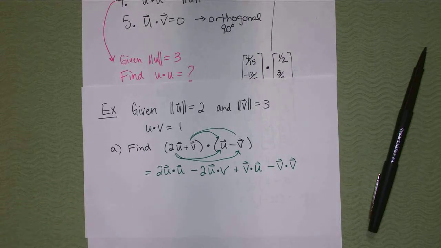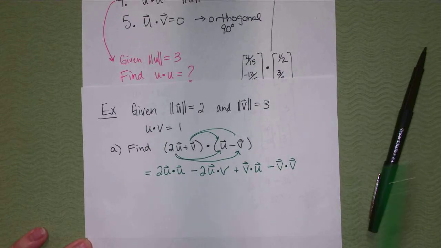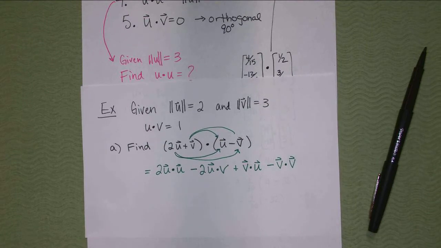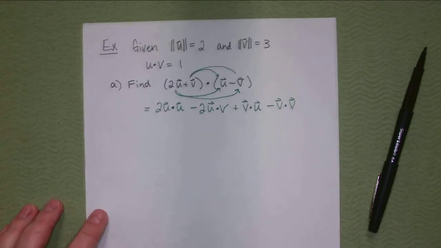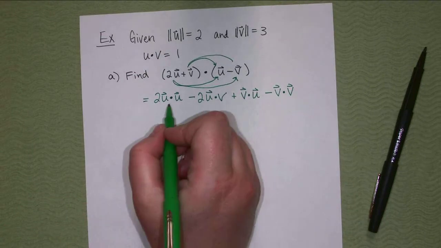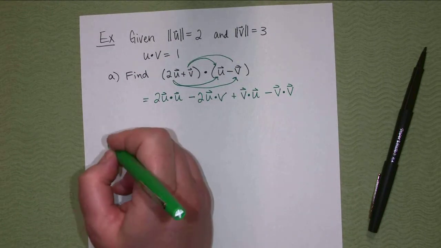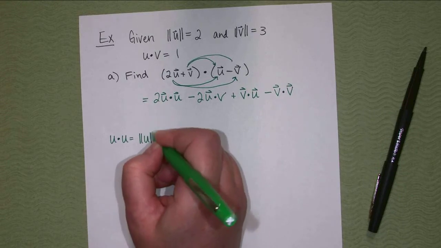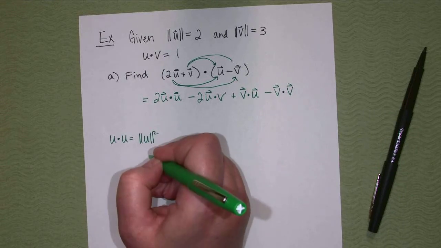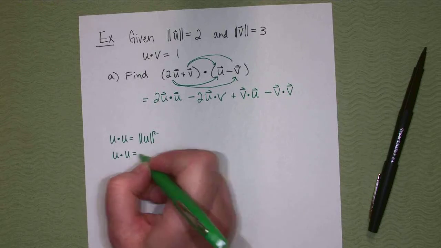Now, given this information, can we figure this out? So we need u dot u, but we were given the length, right? And so u dot u is equal to the length of u squared. So u dot u would be equal to 2 squared, which is 4.